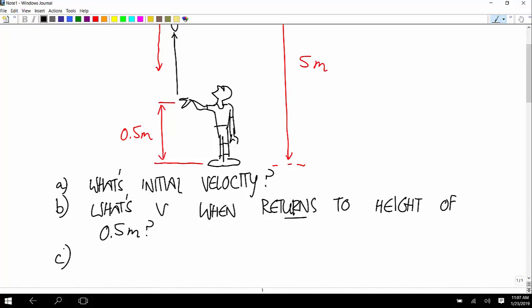And then C, what's the velocity the instant before it hits the ground? See how motivated I am after we finish A and B. What's the velocity just before it hits the ground?